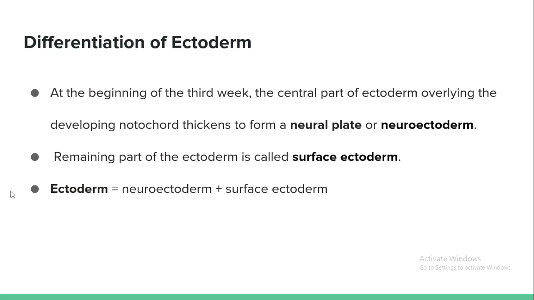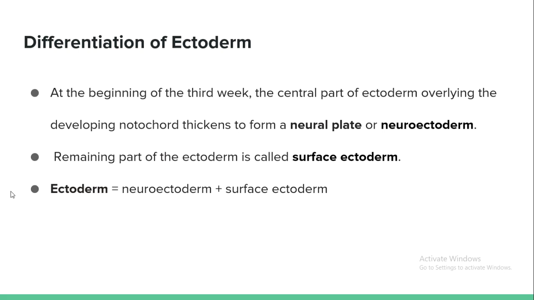So under ectodermal differentiation, or differentiation of the ectoderm, at the beginning of the 3rd week, we always know that the central part of the ectoderm overlying the developing notochord thickens to form a neural plate, or neuroectoderm. Always note that at the beginning of the 3rd week, the central part of the ectoderm overlying the developing notochord thickens.